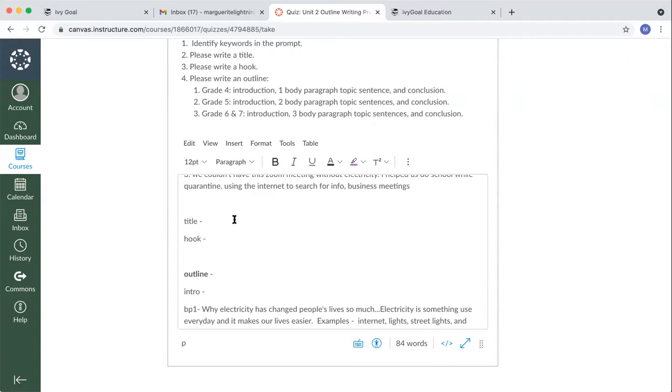Electricity? Yeah, we should maybe use electricity. What about you, Hao? Do you have an idea for a title? What about you, Luke? Any ideas for a title?